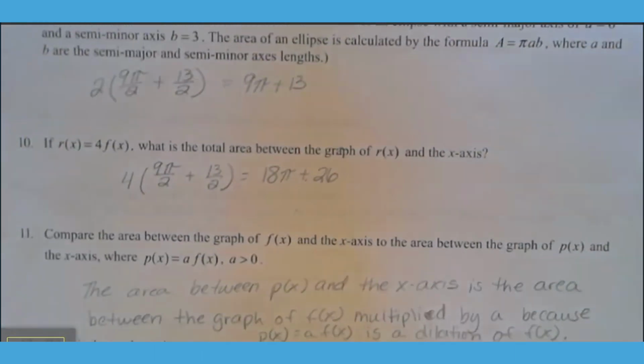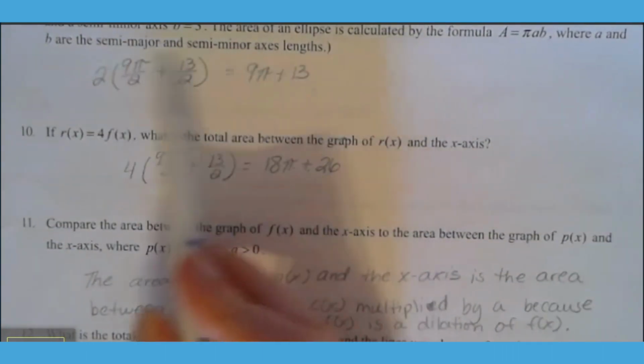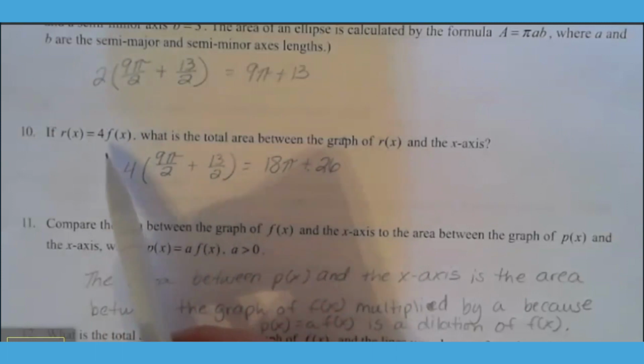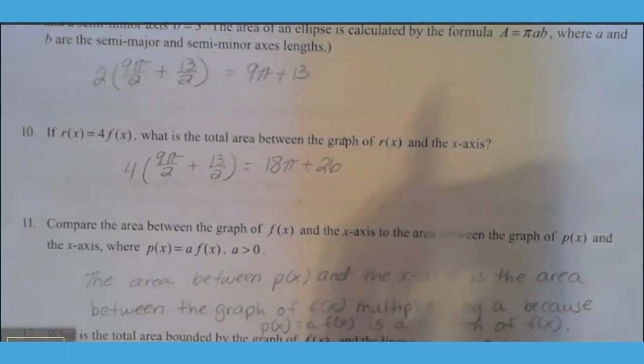For part number 10, we're hoping that if they didn't pick up on this scalar factor here in number 9, that they will now for number 10, because if my new function is 4 times my original, my total area will be 4 times the original and be 18 pi plus 26.